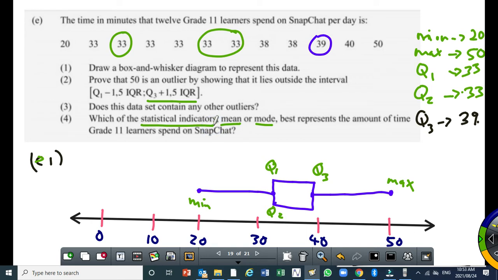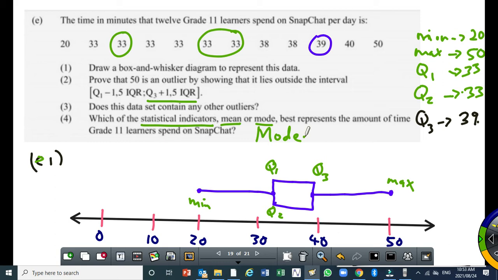It has to be the mode, because we have 6 learners who spend the same number of minutes. The question says which of, it doesn't say explain why, so the answer here will be the mode. You can't discard the mode here. It is very important.